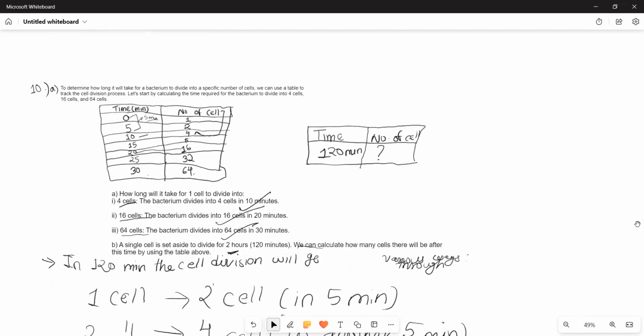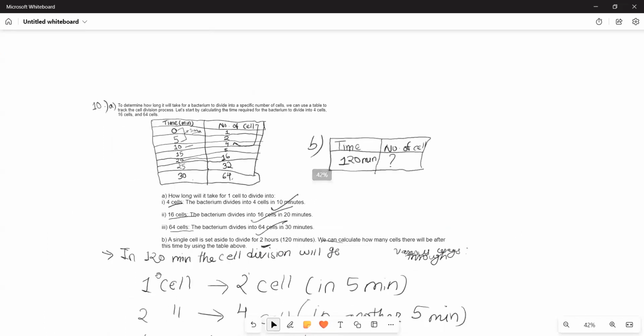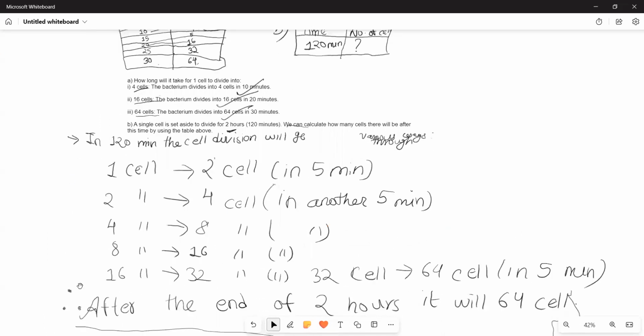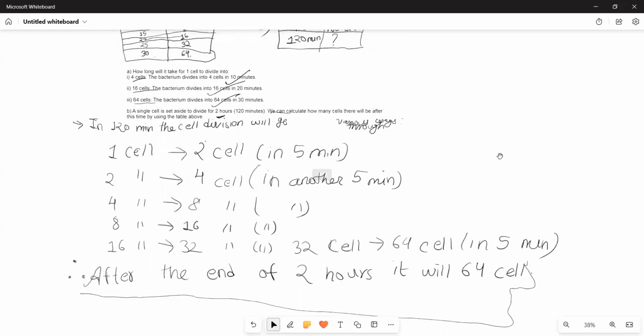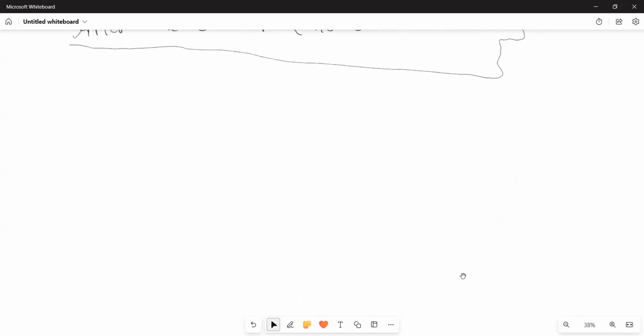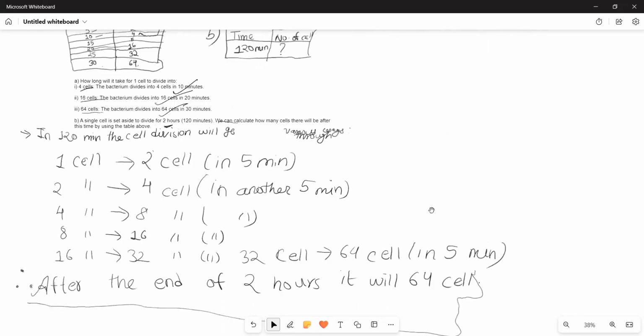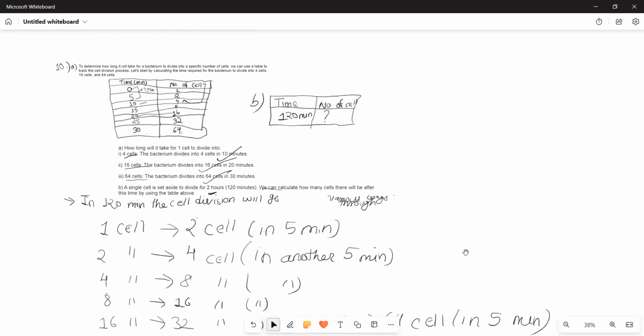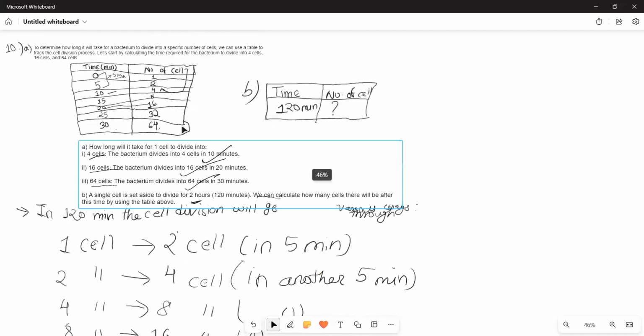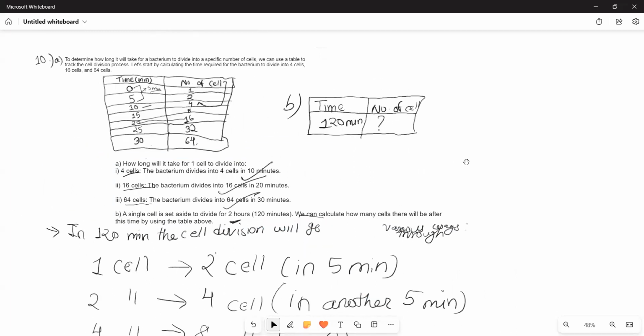This is question number A, and this one is for B. This is the solution for B, correct? Hope you better understand. If you didn't understand any points, then you can simply drop your message in the chat section.